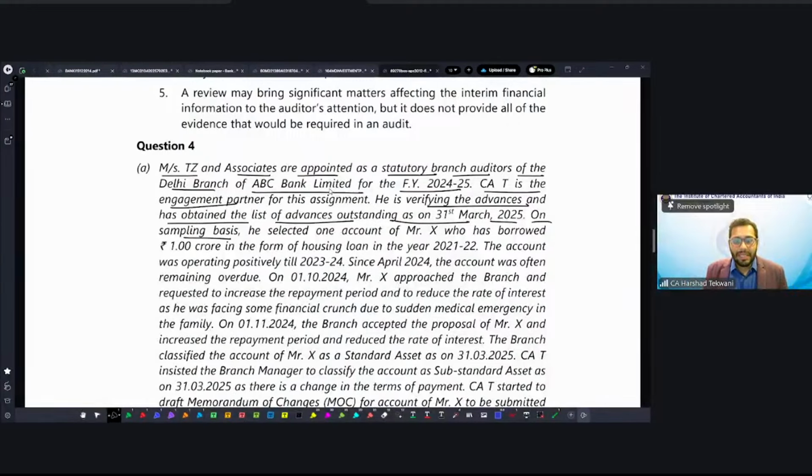On a sampling basis, he selected one account of Mr. X, who has borrowed 1 crore as a housing loan in year 21-22. The account was operating positively till 23-24. Since April 24, the account was often remaining overdue. On 1/10/24, Mr. X approached the branch and requested to increase the repayment period and reduce the rate of interest as he was facing a financial crunch due to a sudden medical emergency in the family.